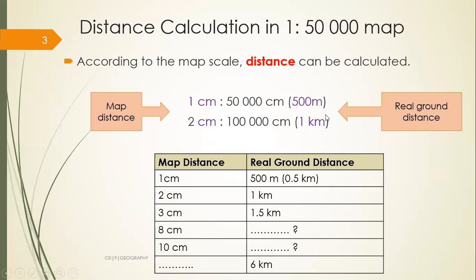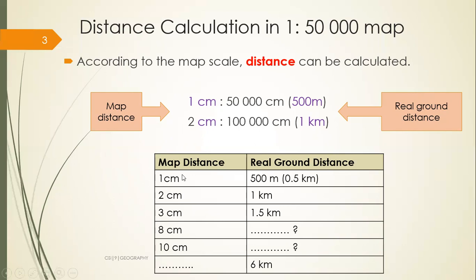Then to show 1 kilometer of real ground distance, you should have 2 centimeters from the map. Now this is very important. 2 centimeters of map will show you 1 kilometer. In that theory, now you have identified that 1 centimeter of the map only shows half of a kilometer.